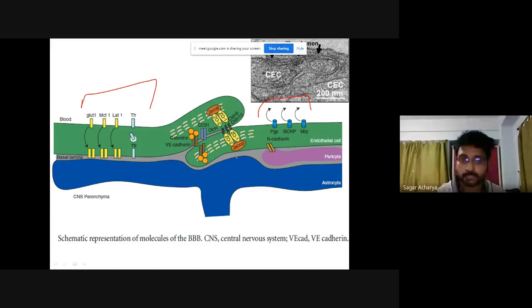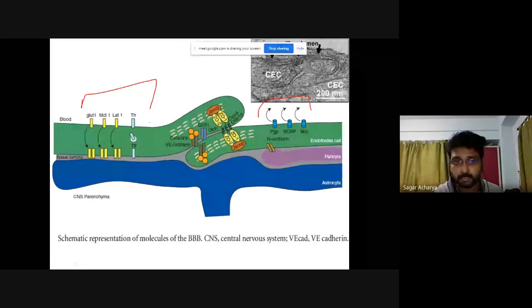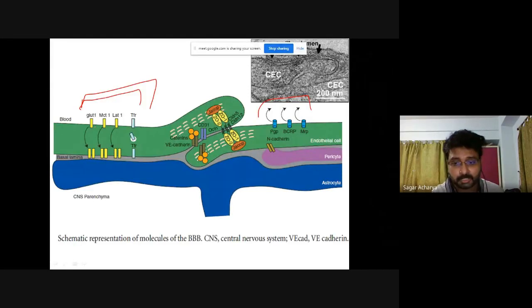First I will talk about the known ones, the nutrient transporters, like GLUT1, which you can easily link to glucose transport. These transporters deliver essential nutrients from our blood system to the CNS parenchymal system.